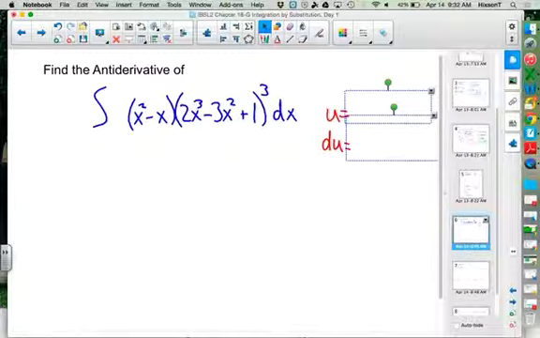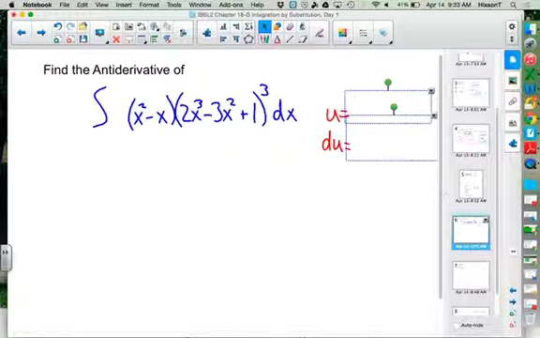Part of it, and this is again just practicing with it. You notice how last time there was one part in the numerator and one part in the denominator in a radical. So when you see that other function being applied to something, that's probably going to be your u. Here we have this thing that's cubed, and then we have the other factor. Probably the thing that's cubed will be your u.